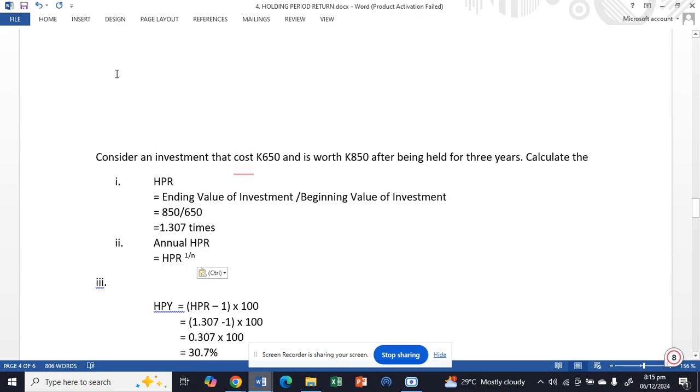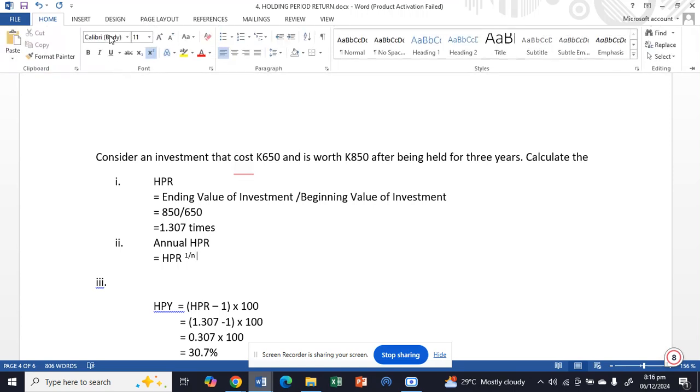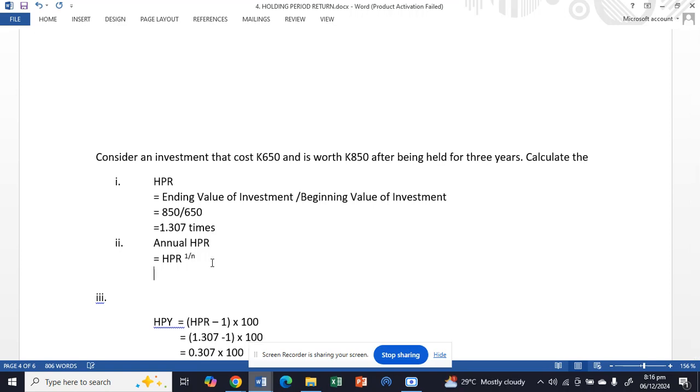So 1 over the number of years. Our HPR, which was our holding period return, was 1.307, to the power 1 over 3.